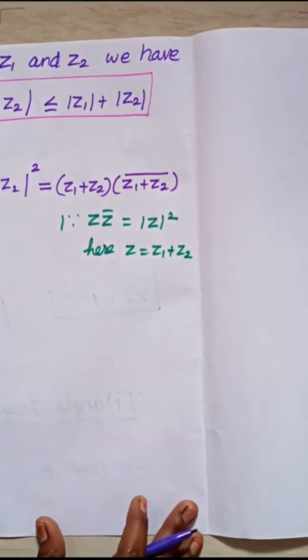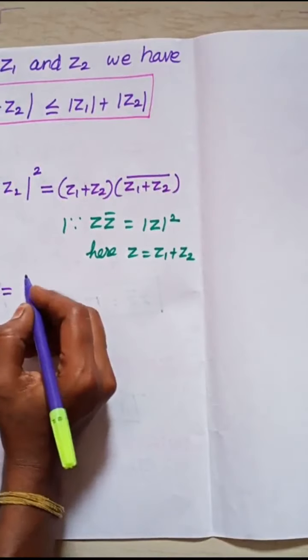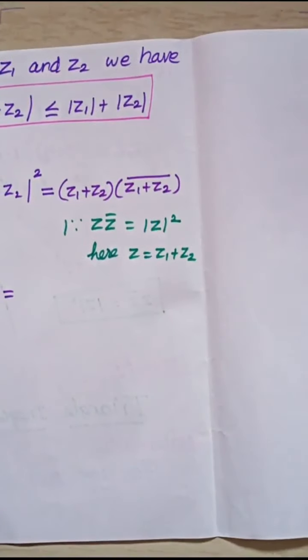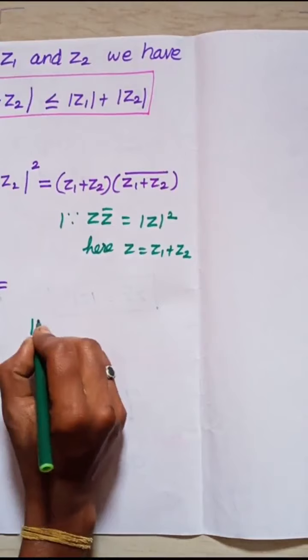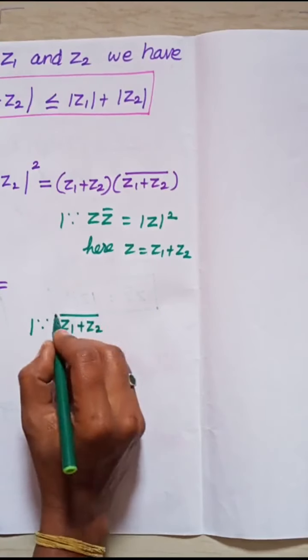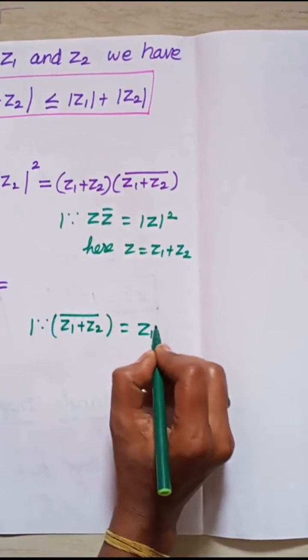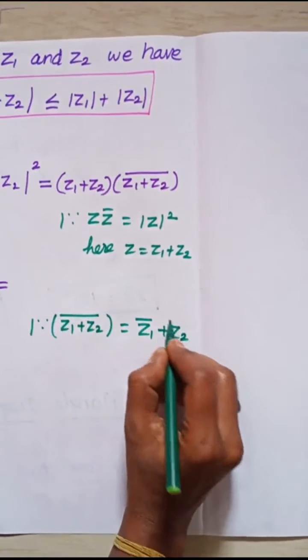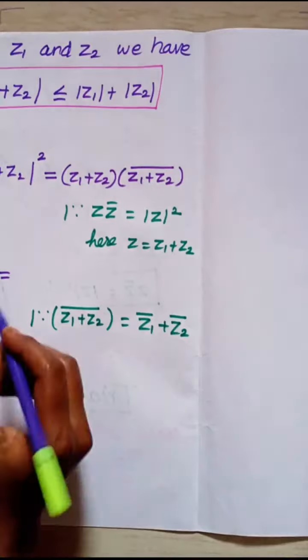Next, which is equal to, again we know the property that z1 plus z2 the whole bar we can write as z1 bar plus z2 bar.